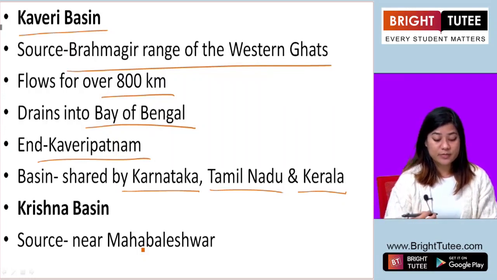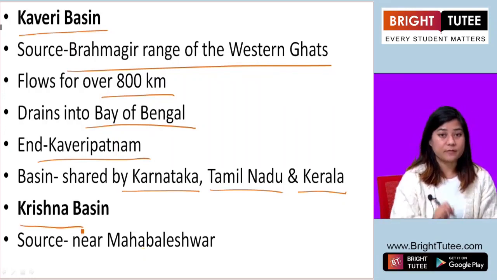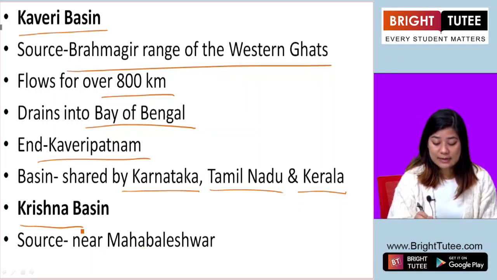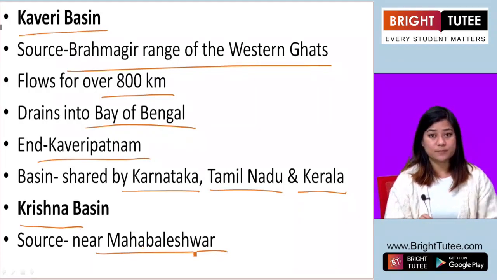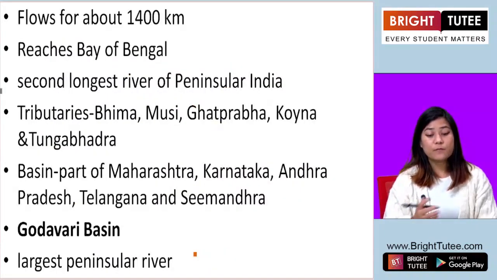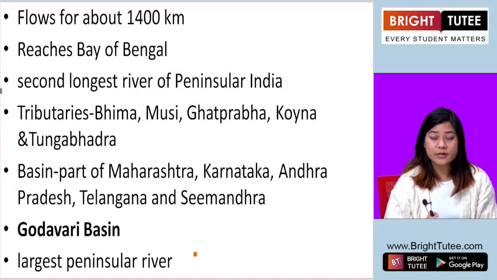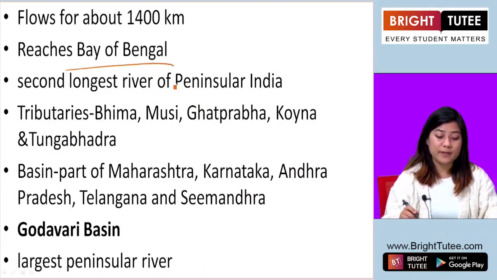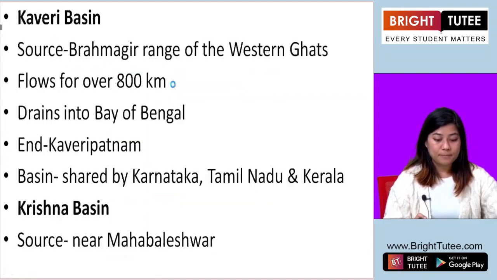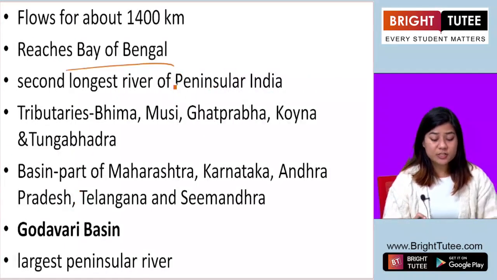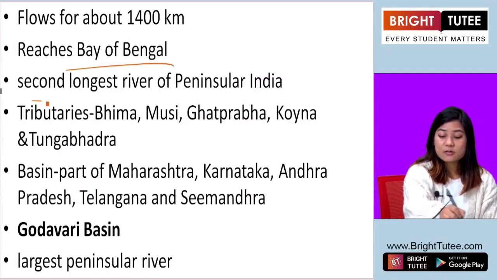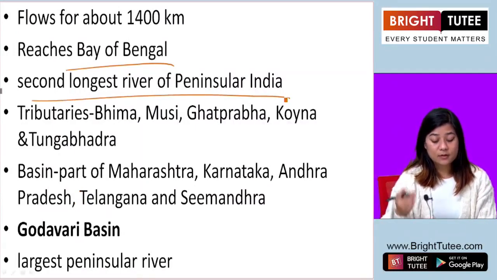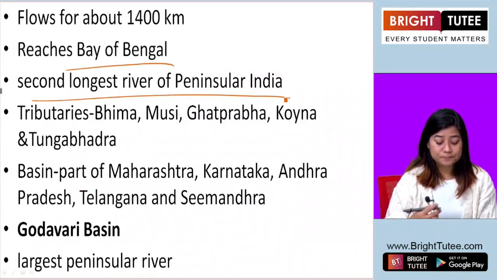The next river that we are going to look at is Krishna River and its basin. The source of the Krishna River lies near Mahabaleshwar. It flows for about 1400 kilometers and finally it reaches the Bay of Bengal. The Krishna River is the second longest river of peninsular India, the longest being Godavari.